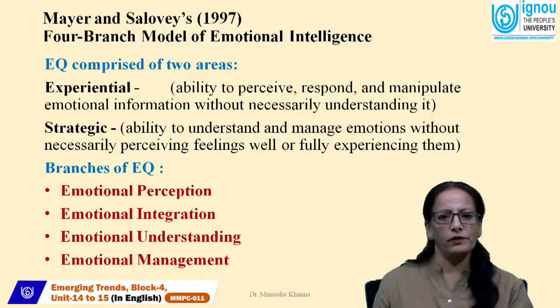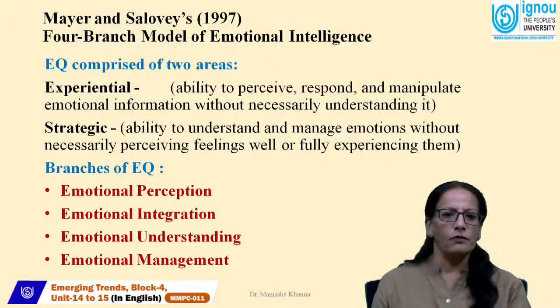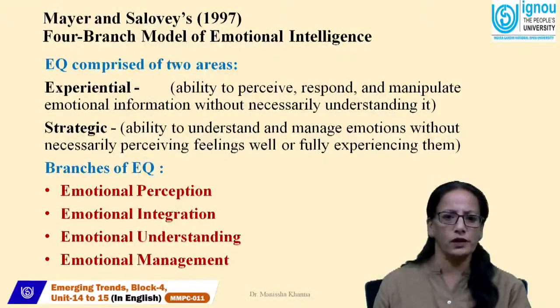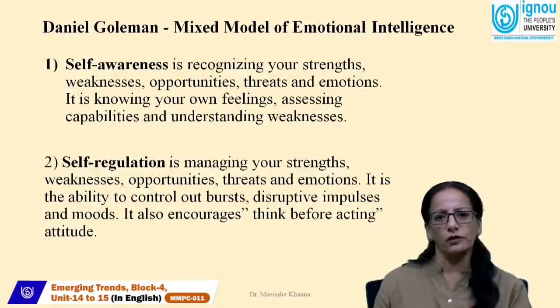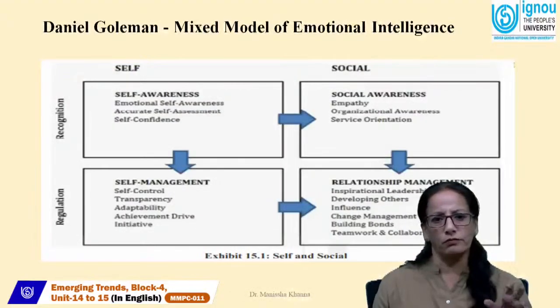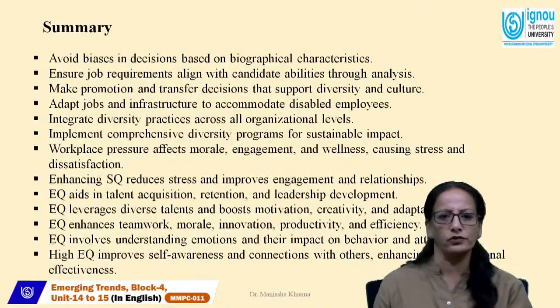Mayer and Salovey's branches are emotional perception, emotional integration, emotional understanding and emotional management, which comprise experiential and strategic modes. Daniel Goleman, which we have given as a mixed model of emotional intelligence, has different quadrants, that is self and social, self-management and relationship management.